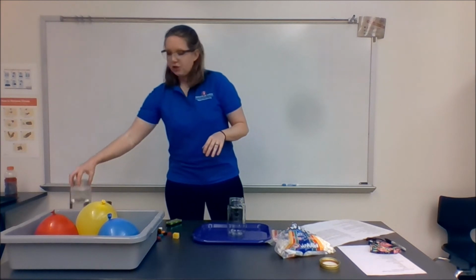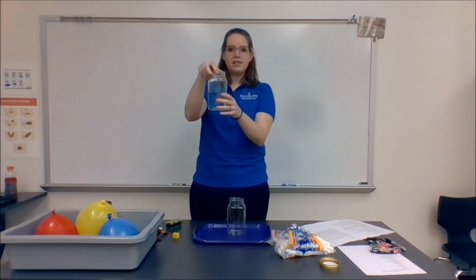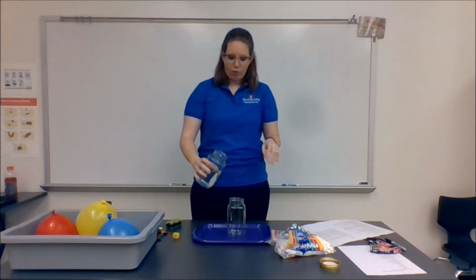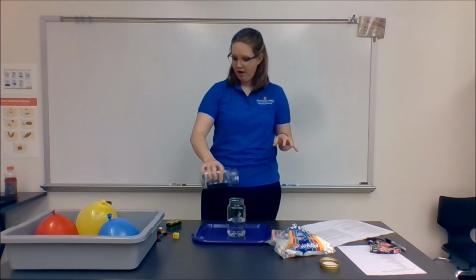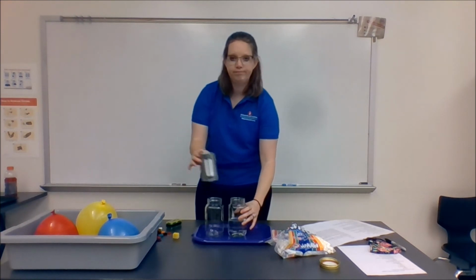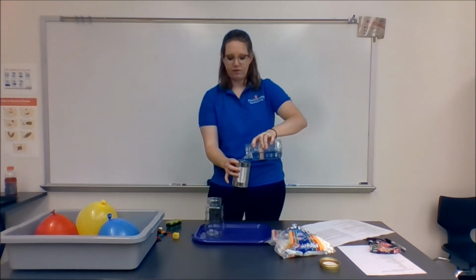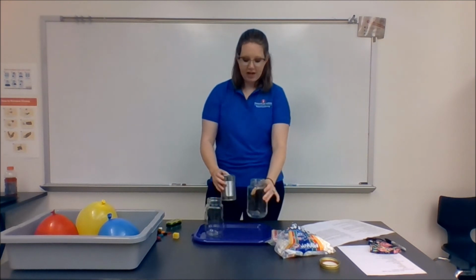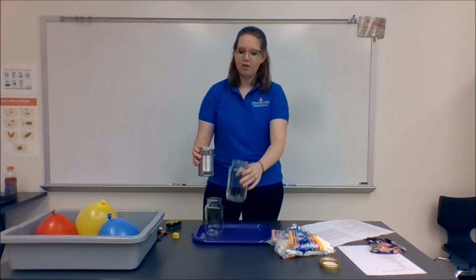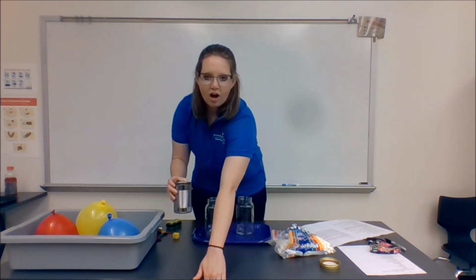I have a jar of water, so the water is taking the shape of this jar. If I pour it into this can, it's going to take the shape of the can. If I pour it onto my tray, it would take the shape of the tray. If I pour it on the table, it's going to take the shape of the table, fall off, and then take the shape of the floor.